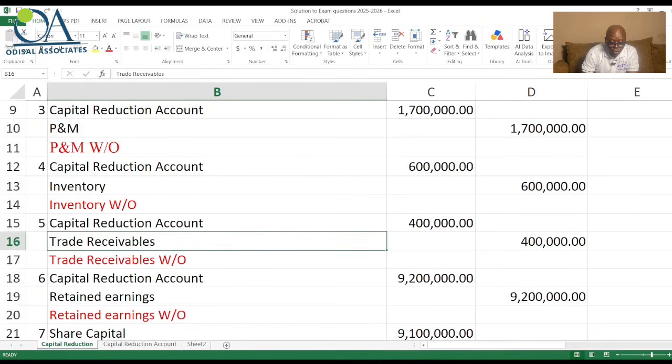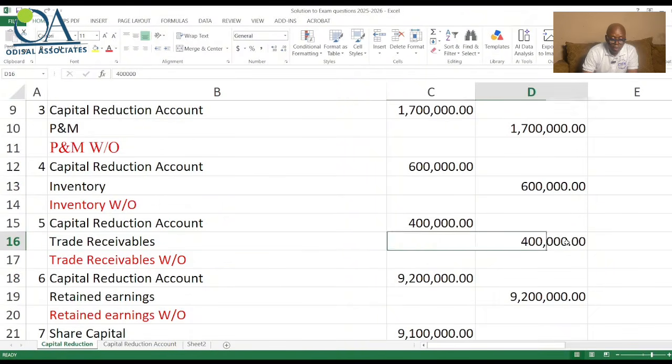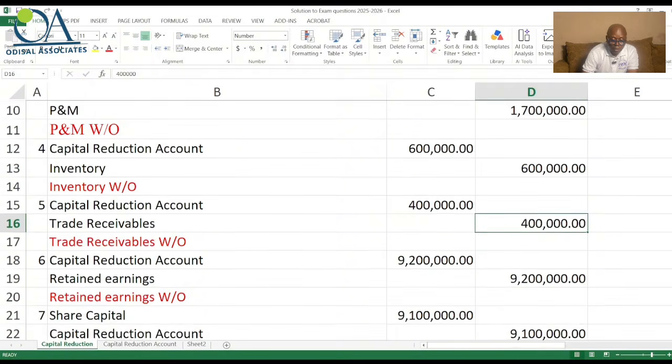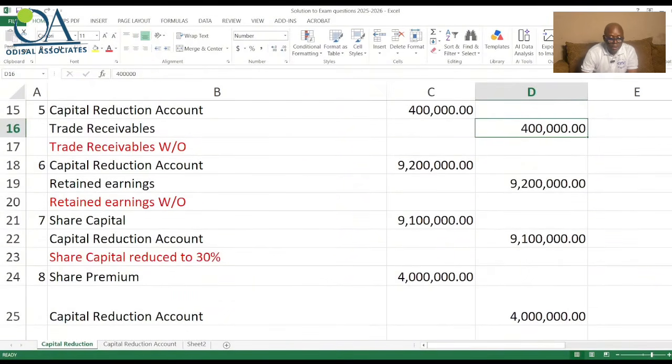Trade receivables also, they said there's a bad debt of 400,000. So we have to write off that 400,000 against the bad debt. So bad debt is debited with 400,000, while trade receivables is credited with 400,000 to write it off. Trade receivables write-off. Then the next one is retained earnings, negative retained earnings, which is a debit balance in the books.